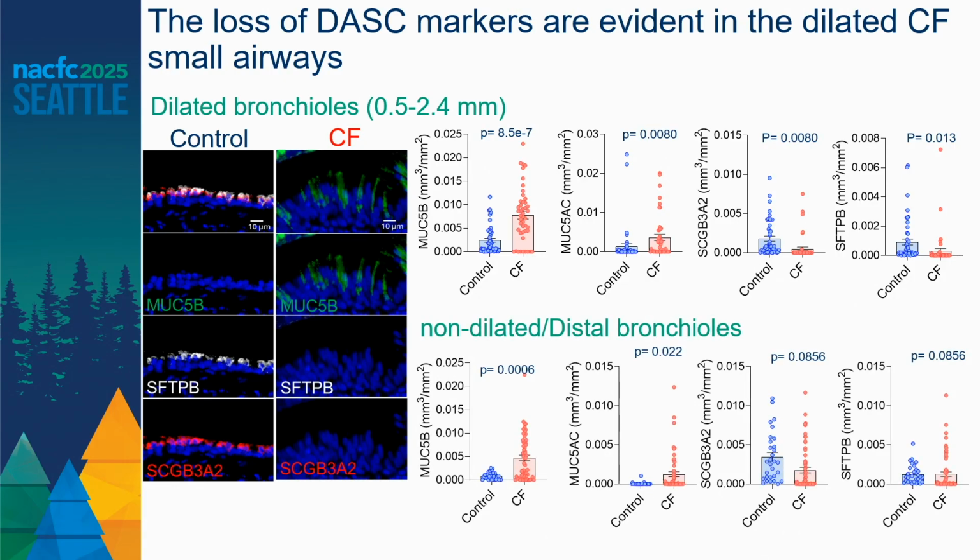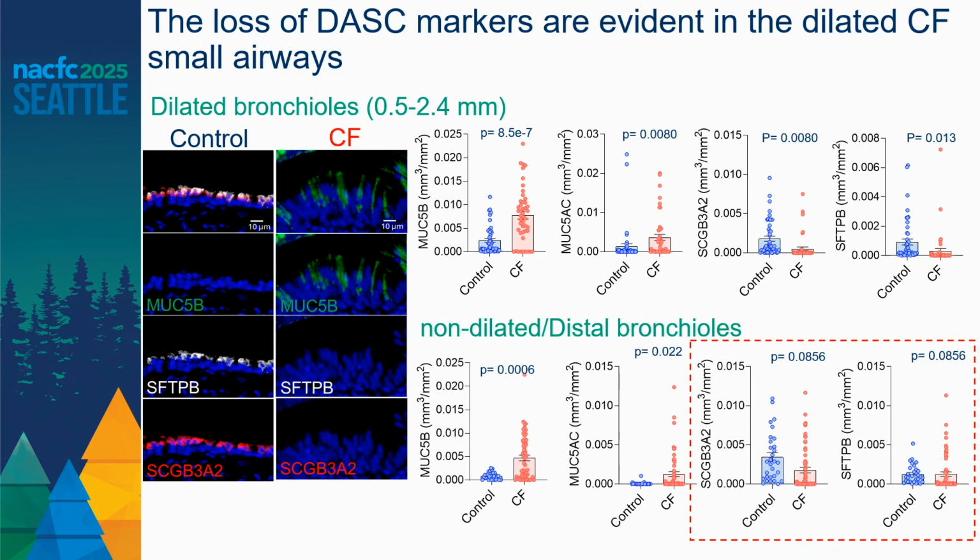But interestingly, in non-dilated distal bronchiolar lesions, distal non-dilated small airway lesions, there was MUC5B and MUC5AC increase, but of course there was a trend, but there is statistically no significant differences in the DUSC marker decrease.